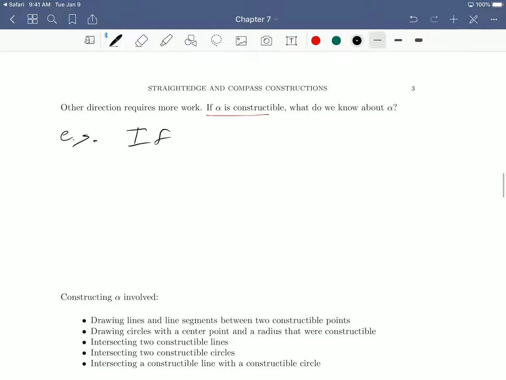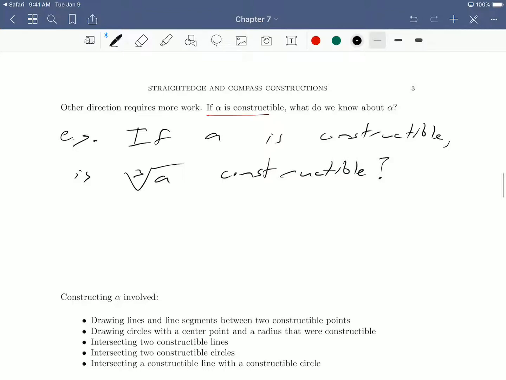If A is constructible, is the cube root of A constructible? We know we can construct the square root of A using some similar triangles, but can we do the cube root of A? Or can we do the fifth root of A? Or lots of other things like that.